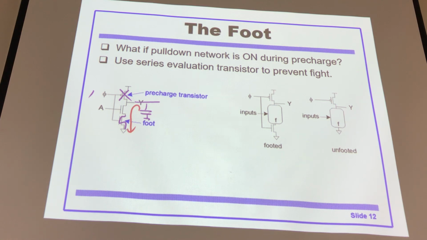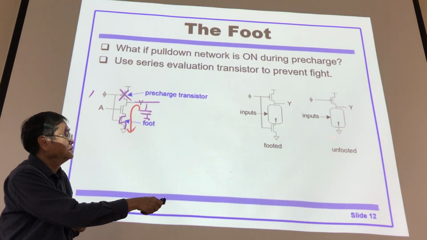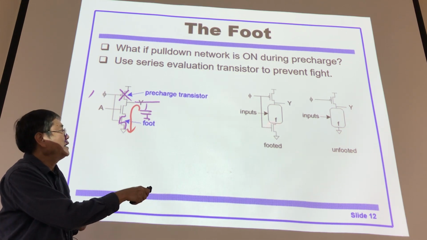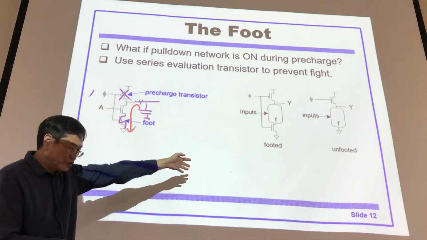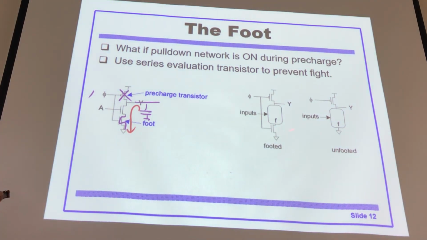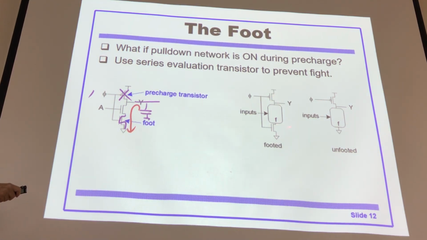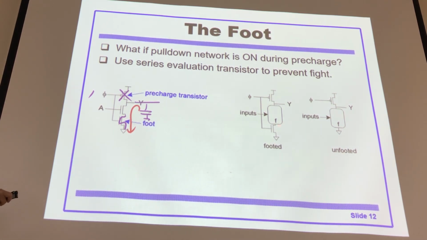So what I'm saying is that on the previous page, there's no NMOS transistor at the bottom here, unfortunately. When we provide an NMOS transistor at the bottom, it's a footed dynamic circuit, and that's a good circuit now. Because during the pre-charge phase, it's going to be off. You can only charge the capacitor. During the evaluate phase, it will be on.